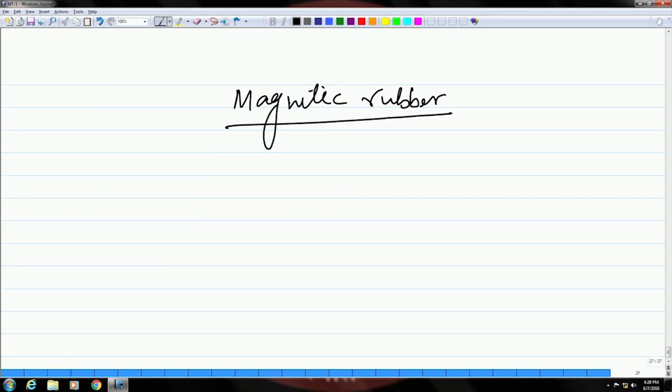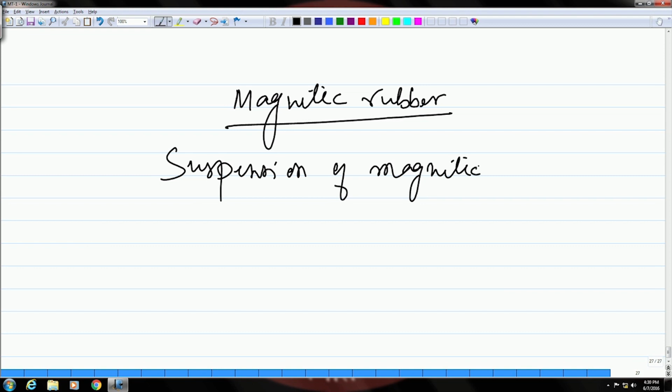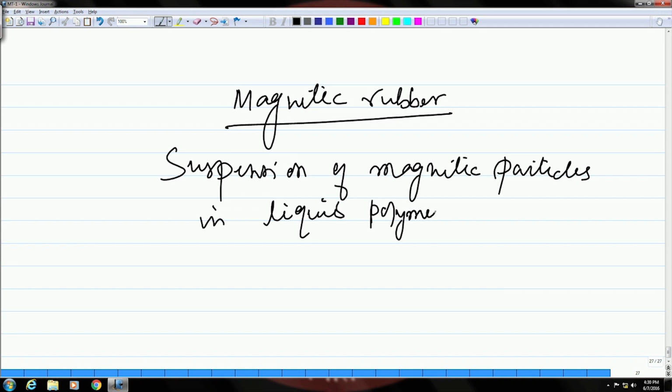So, let us see how this works and in what way it helps you in examining those kind of areas. This is basically a suspension of magnetic particles in a liquid polymer. Like the magnetic slurry or the magnetic paint that we talked about before, this is a highly viscous suspension.